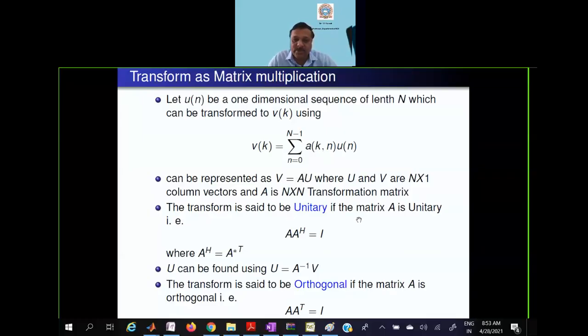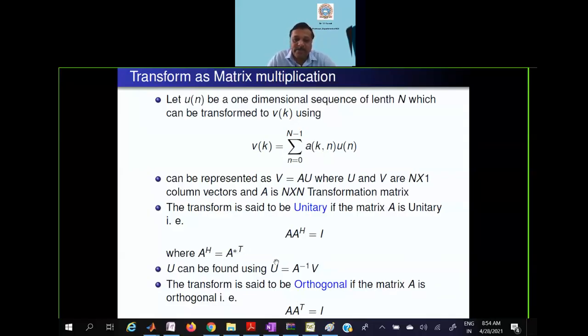One of the properties is unitary transformation. So a matrix is said to be unitary if A into A Hermitian is an identity matrix. A Hermitian means complex conjugate transpose. This is a simple operation. Next class we will verify for a given matrix whether it is unitary or not. Then to find U from V, you need to do the inverse, and an advantage of a matrix being unitary is that the inverse can be obtained by just doing Hermitian, which is a simple operation of complex conjugate and transpose.